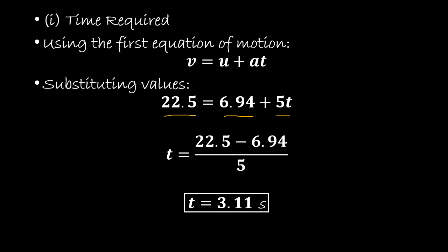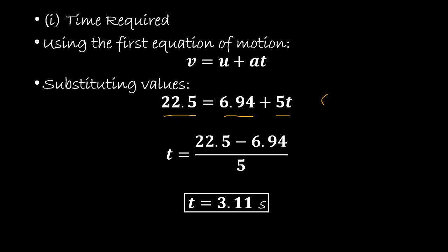You just put it inside, and here we are making t the subject, so you have to subtract 6.94 from both sides, or move this one to this side of the equation, giving you 22.5 minus 6.94. Do you get it? If you subtract 6.94 from both sides, here is going to be 22.5 minus 6.94, and here is going to be 6.94 minus 6.94 plus 5t.